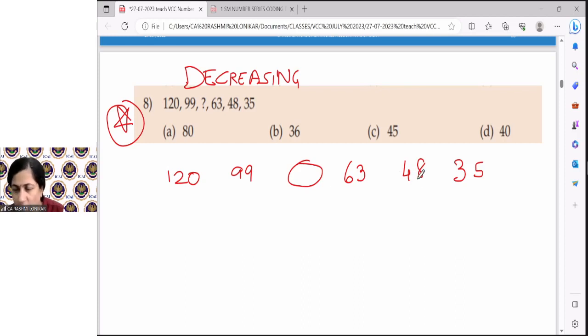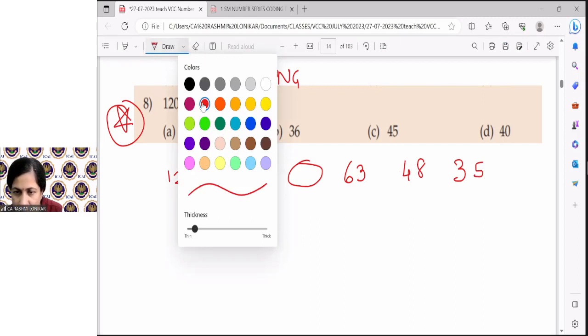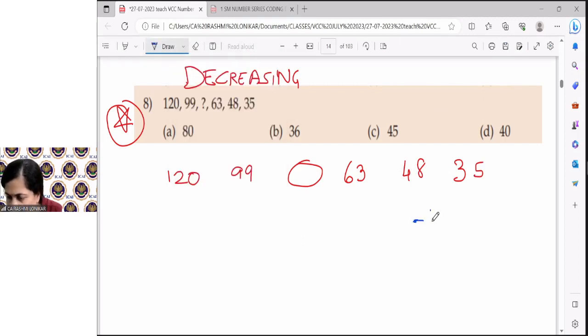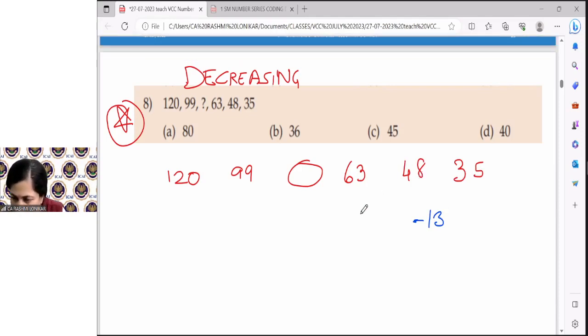Now let us see what is the difference between 48 and 35. It is minus 13. Okay. Minus 13. 63 and 48: 8, 9, 10, 11, 12, 13. So this is minus 15. And what is the difference over here?